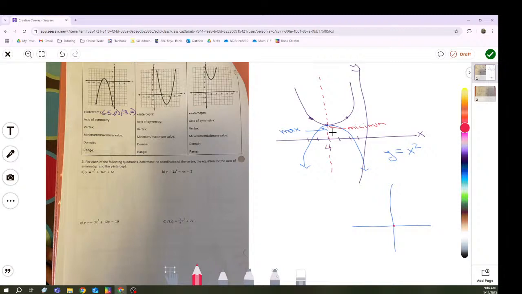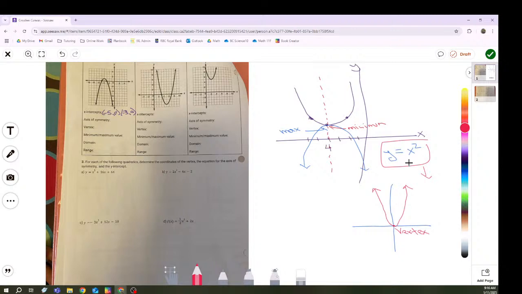And because it's a positive x squared, it's going to open up, and I'm going to get a U that opens this way. Had it been a negative x squared, my origin is still 0, 0, but it's going to open down. So anytime there is a negative out front, you're looking for a U that's facing down.